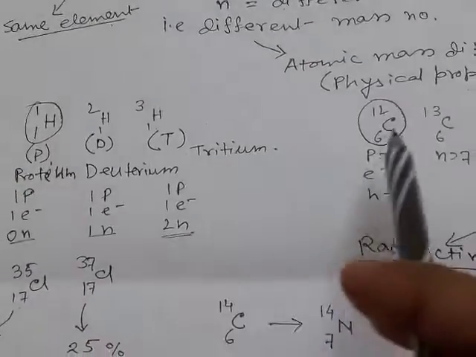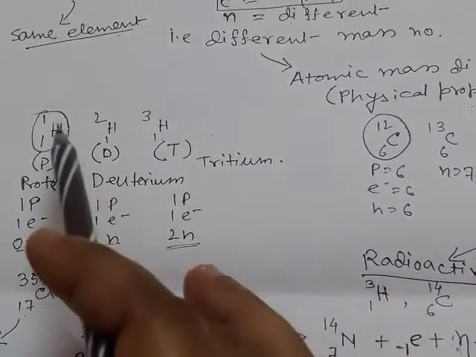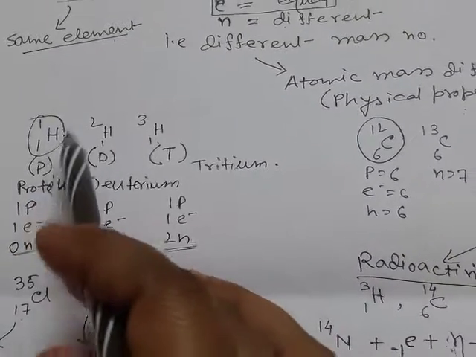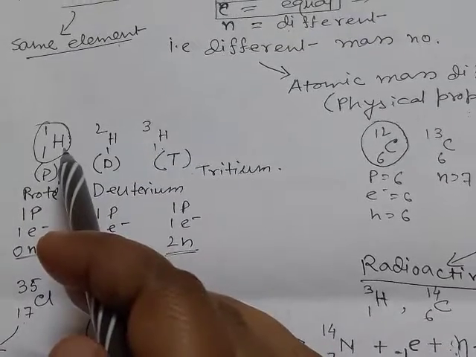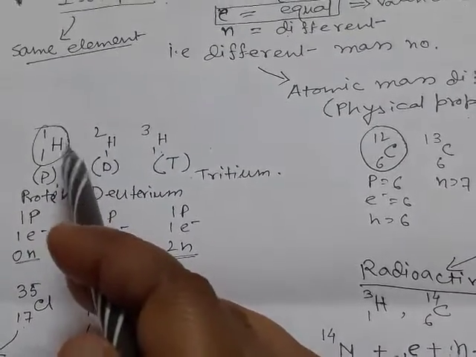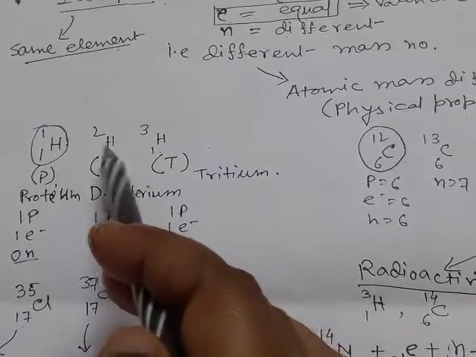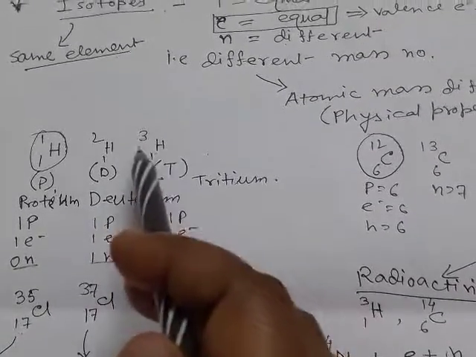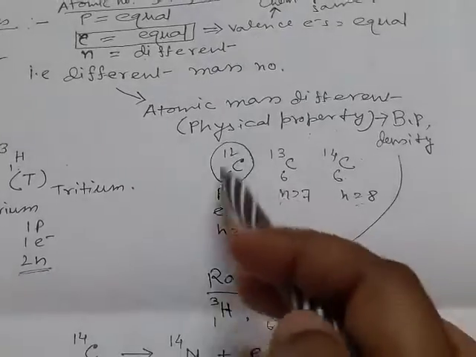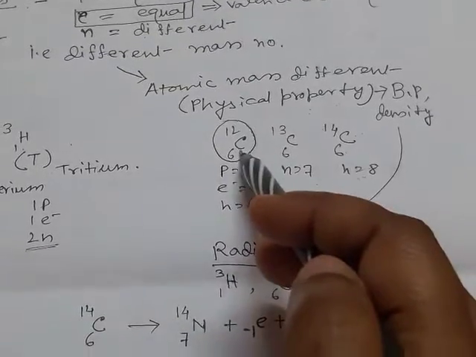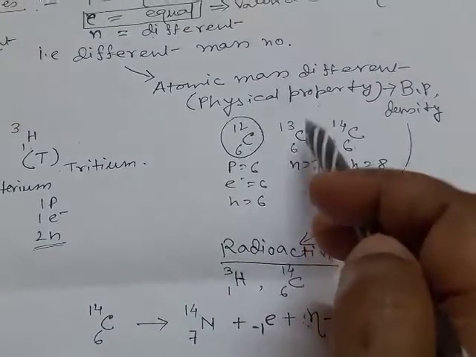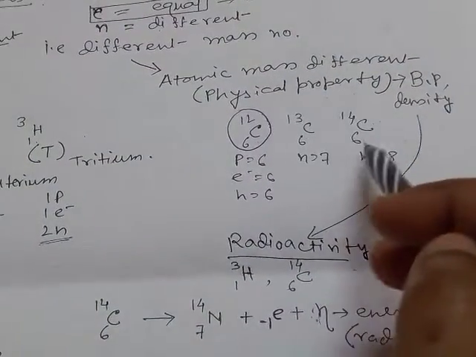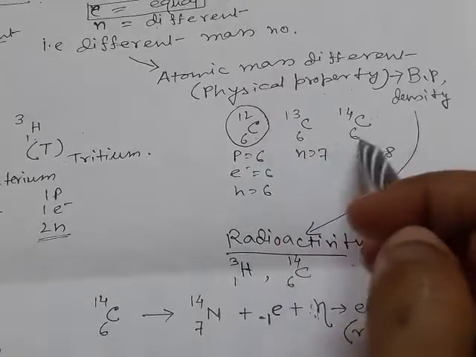Now among these isotopes, for hydrogen, protium is the most occurring isotope in nature, whereas the percentages of the other 2 isotopes are very small. For carbon also, the carbon 12 isotope has very high abundance, whereas for carbon 13 and 14 the percentage of occurrence is very small.